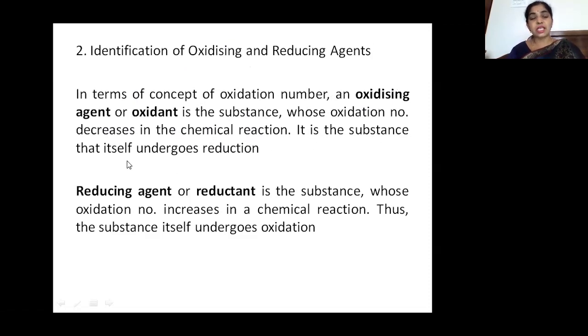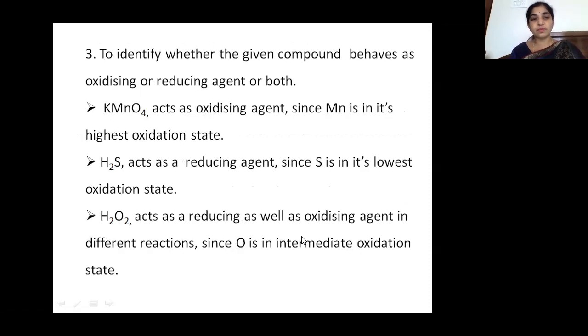It is the substance that itself undergoes reduction. Whereas a reducing agent or reductant is the substance whose oxidation number increases in a chemical reaction by losing electrons. Thus, the substance itself undergoes oxidation.